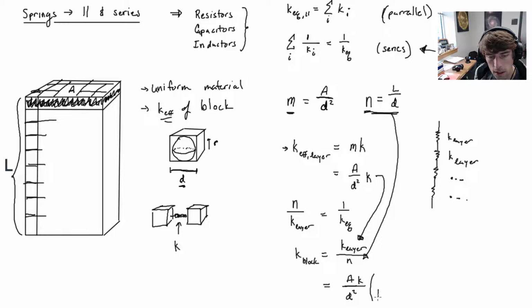That would be L over D. Oh, goody, goody. You get a little bit of cancellation. That squared goes away, that squared goes away. And we get something that tells us the spring constant of the entire block is equal to the area of the block times the interatomic spring constant, divided by the size of the atom, or a different way of saying it is the separation distance between atoms, times the length of the block.